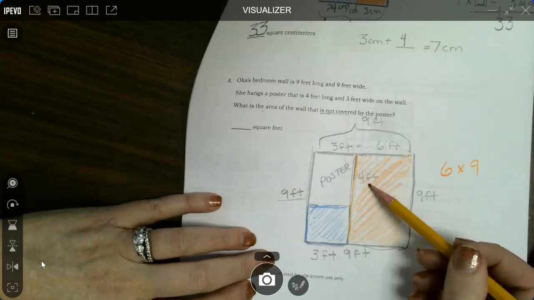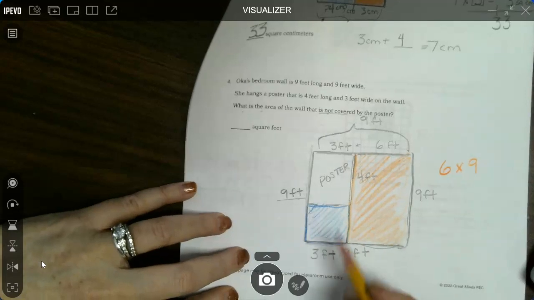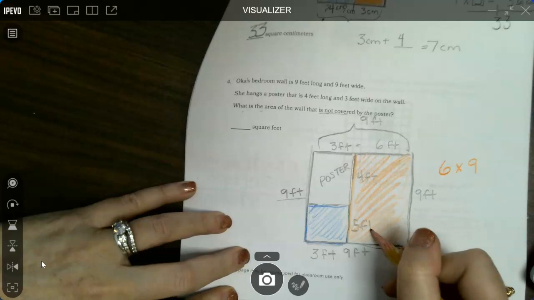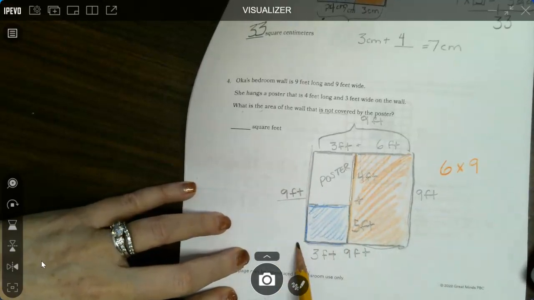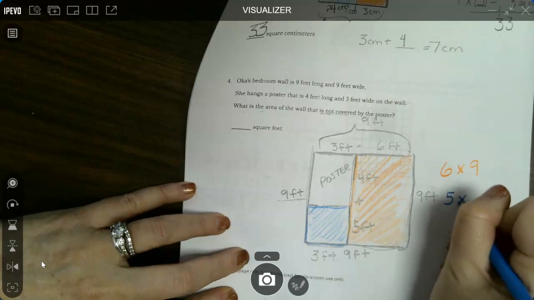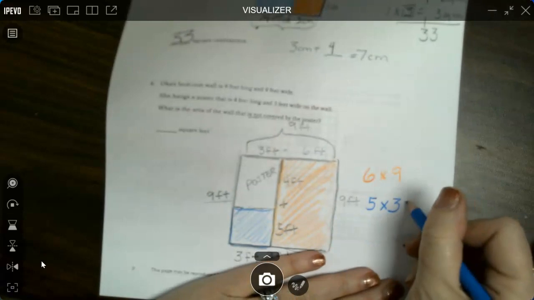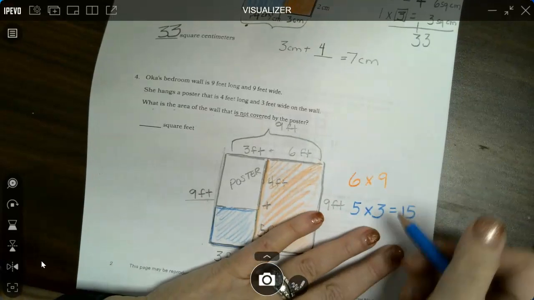So if this portion is 4 feet and the whole wall is 9 feet, this missing portion is 5 feet. 4 feet plus 5 feet would make the entire length of the wall. The blue rectangle has lengths of 5 by 3 to help us find the area. So this shape that is not covered by the poster would be 15 square feet.